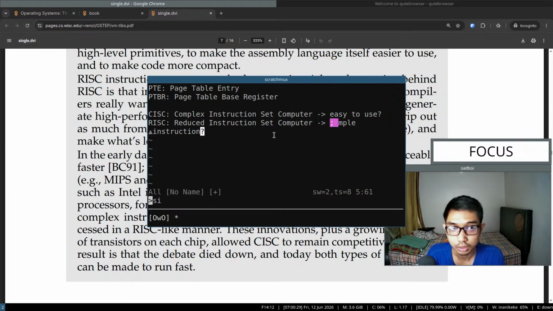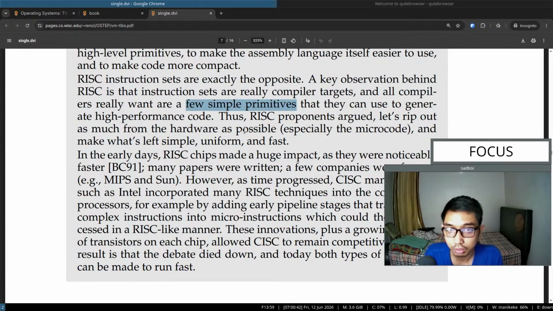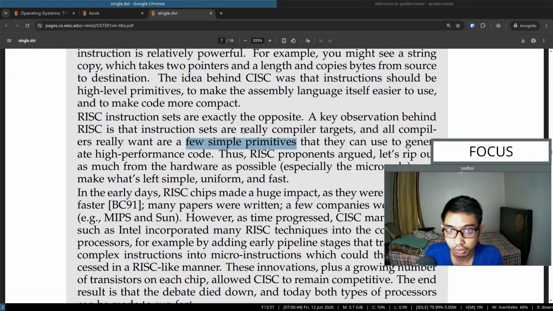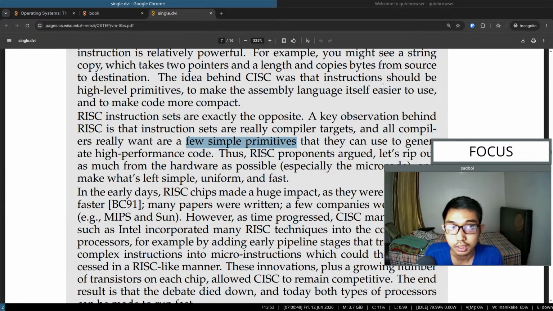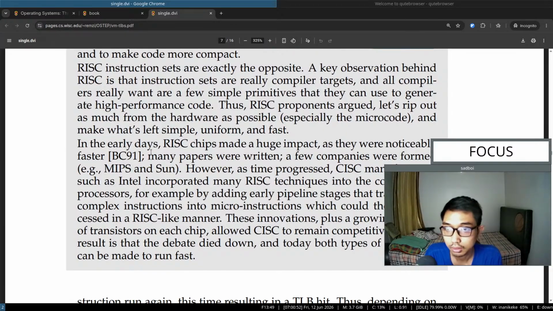Yeah, simple does not mean easy, alright. Usually easy to use is not simple because we need to provide a bunch of stuff to make it easier to use. Okay.